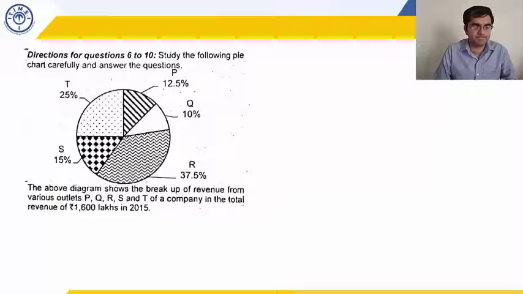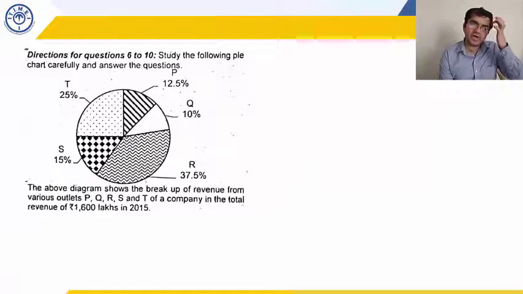Look at the data. Okay, what is the difference between this data and the previous data? In the previous data, you were given degrees. Over here, you are given percentages.